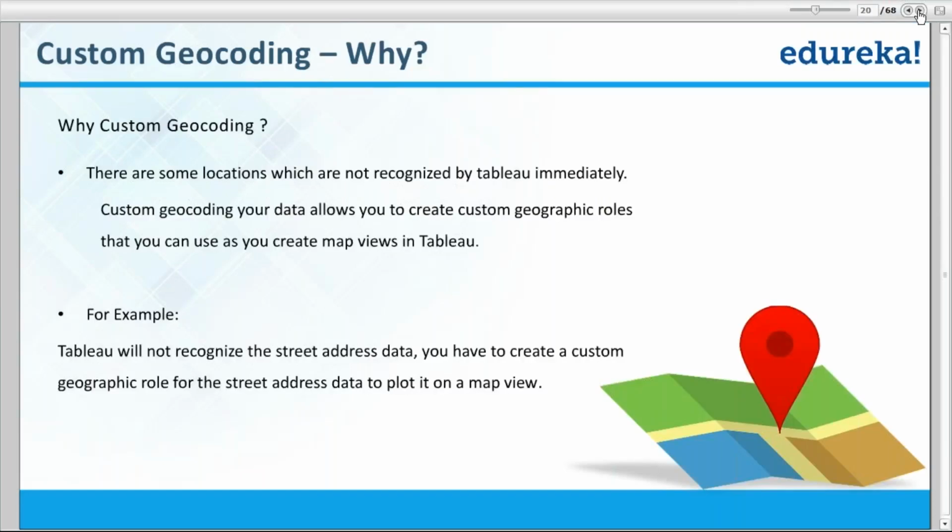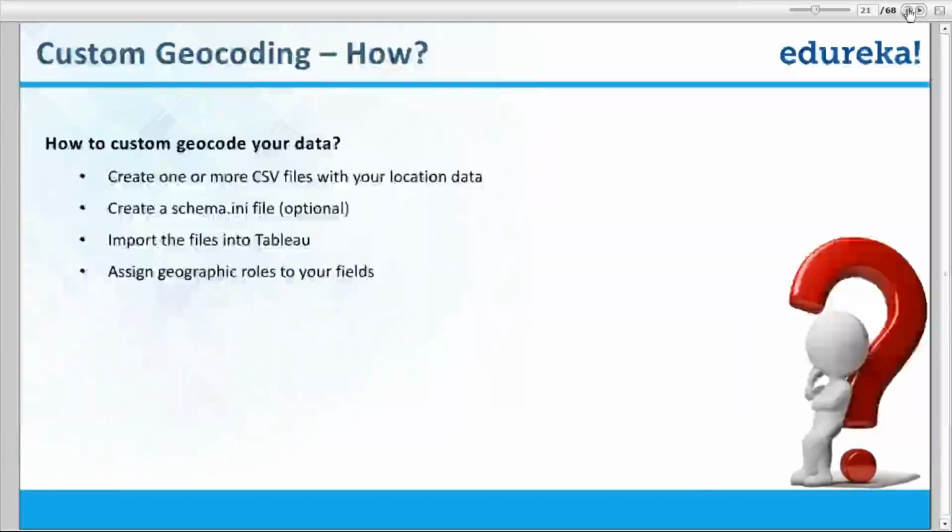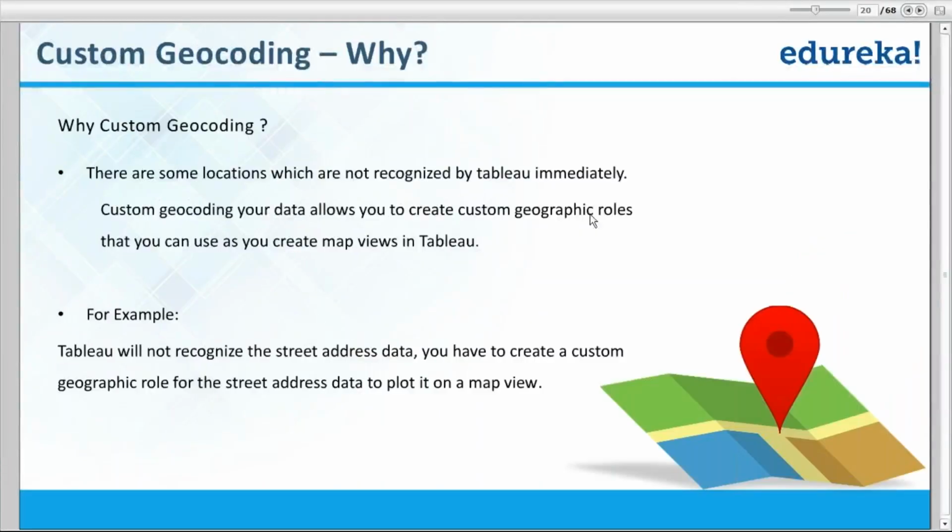Okay. And coming to this part, geocoding. Still there are certain locations which are not recognizable by Tableau. Whatever locations you give, you might not be able to represent the data in Tableau automatically. It will not recognize the street data.